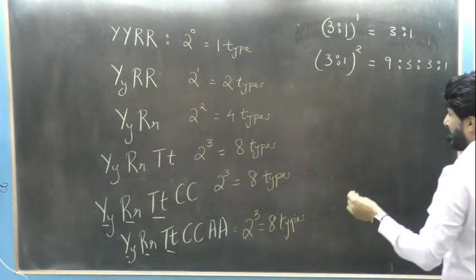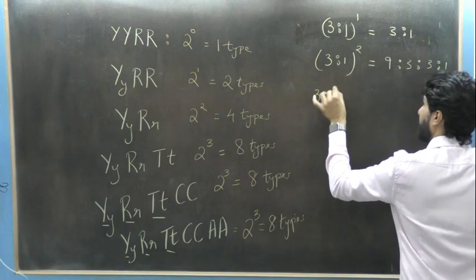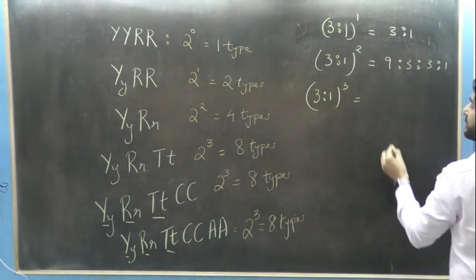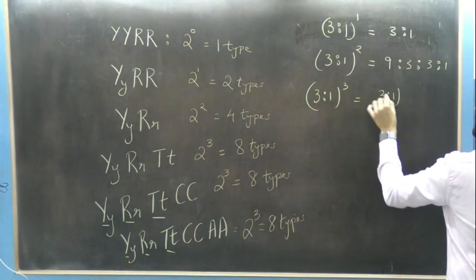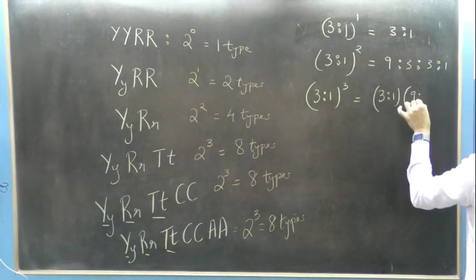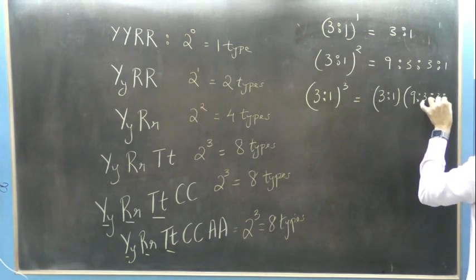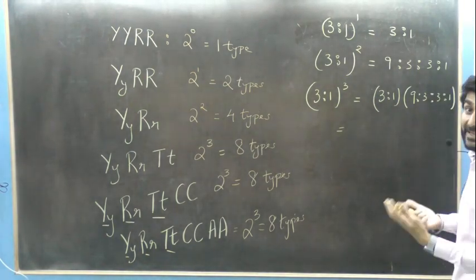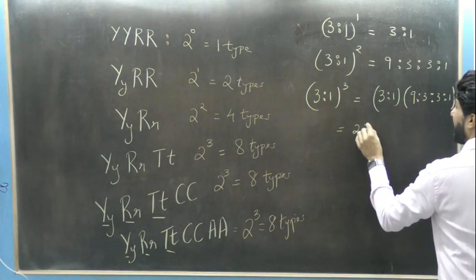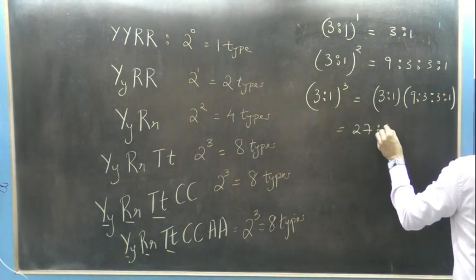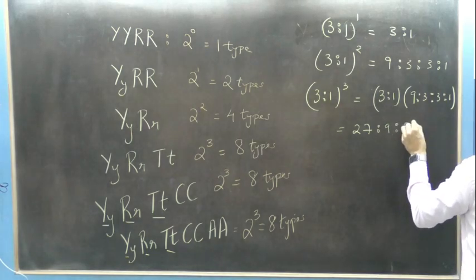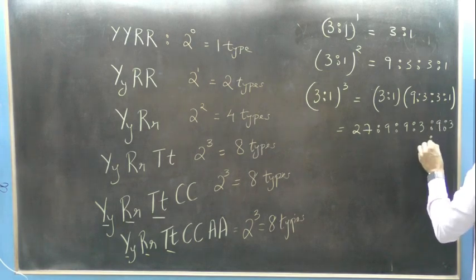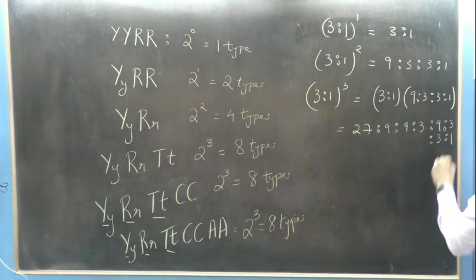If they ask what is your trihybrid ratio, you will say (3:1)^3, which is nothing but 3:1, again basic substitution, into 9:3:3:1, which is equal to, I don't have to mug up, I just have to calculate mathematically: 27:9:9:9:3:3:3:1.